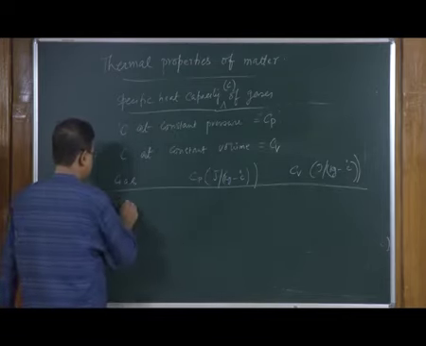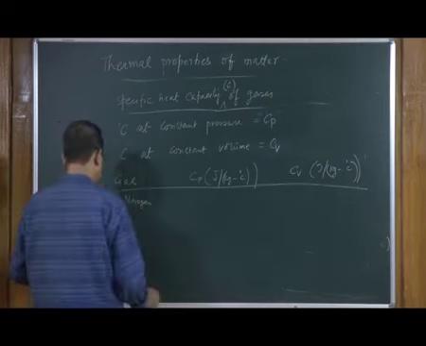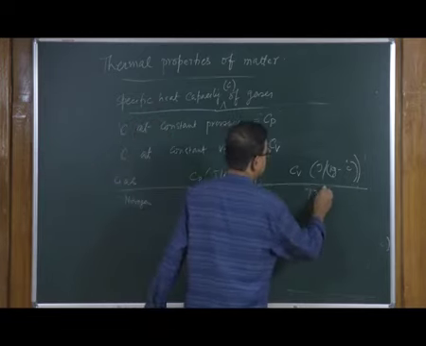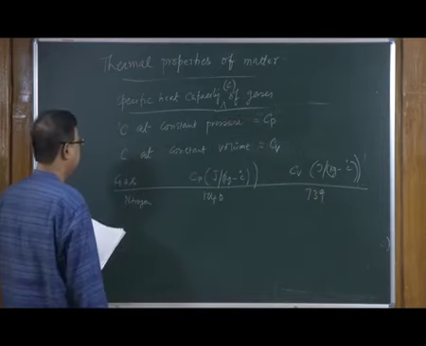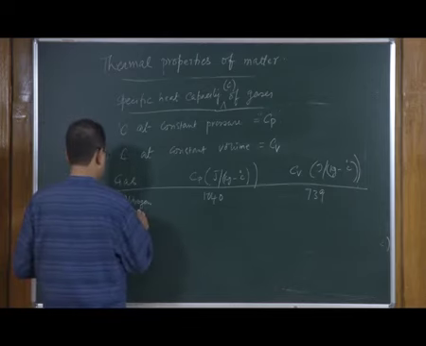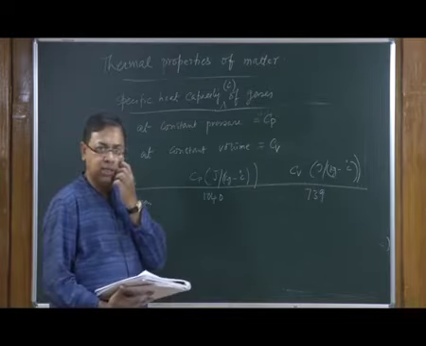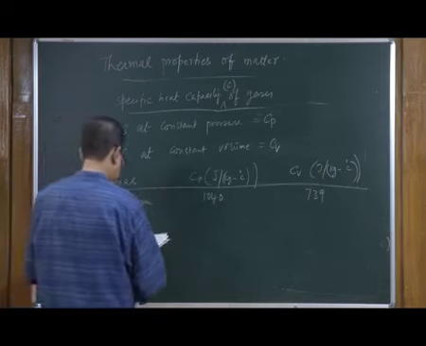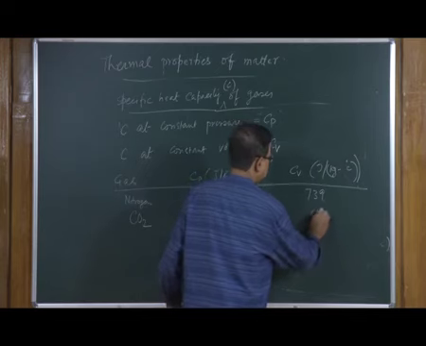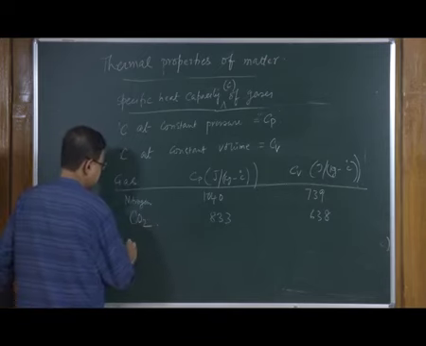And so, nitrogen has a Cp of 1040, whereas a Cv, that is the specific heat at constant volume, of 739. Carbon dioxide, which as you all know is denoted by CO2, is equal to 833, and this is 638. And water vapor at 100 degree centigrade.